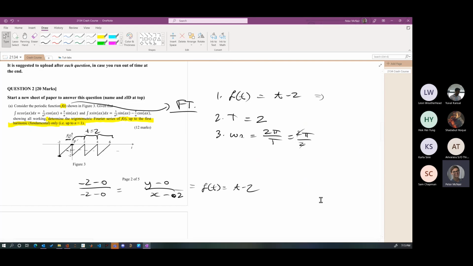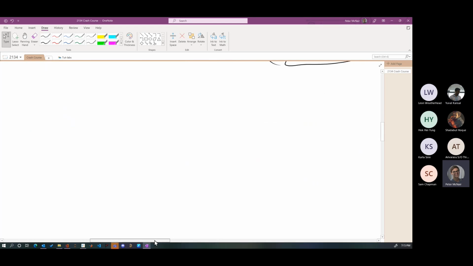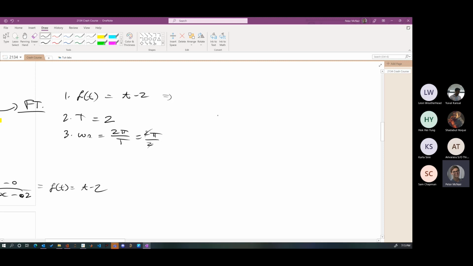So let's first of all do our equation for A naught, which is that A naught is 1 on T, integral from 0 to T of f of t dt. So it's a half integral from 0 to 2 of t minus 2 dt, which we've done plenty of times.